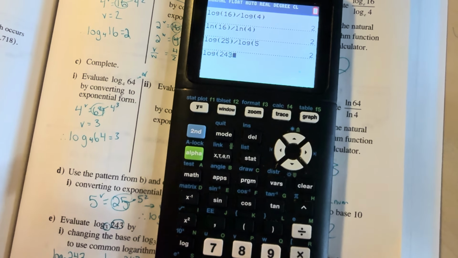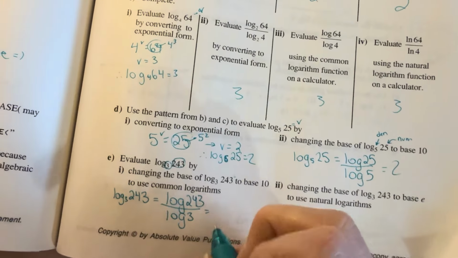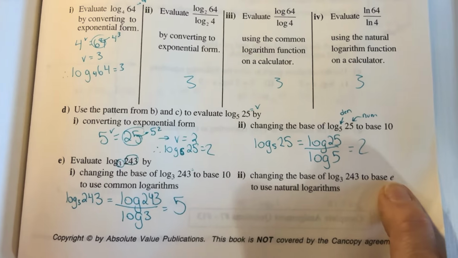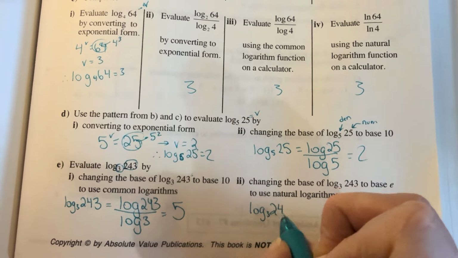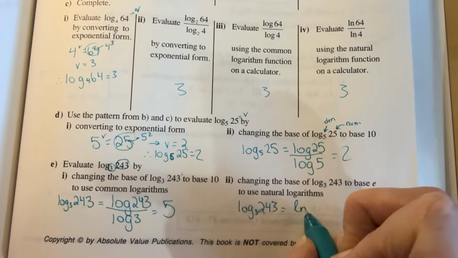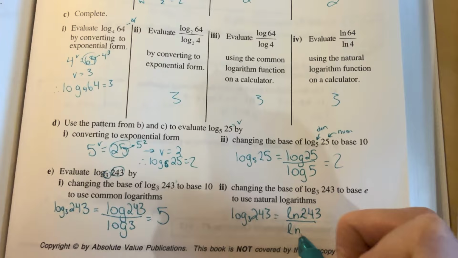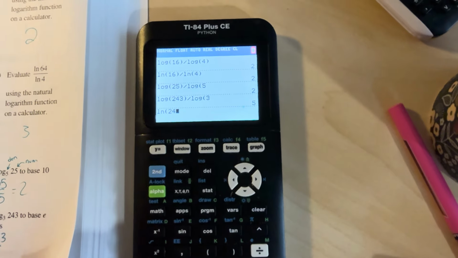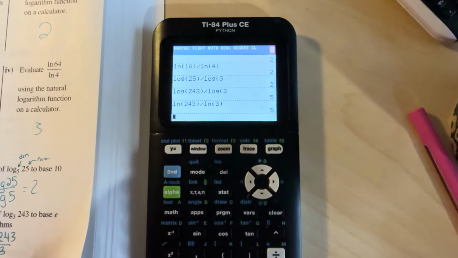Log of 243 divided by log of 3 is equal to 5. What if we did it with base e? That means log base 3 of 243 is equal to ln 243 divided by ln of 3. So ln 243 divided by ln of 3 is still equal to 5.